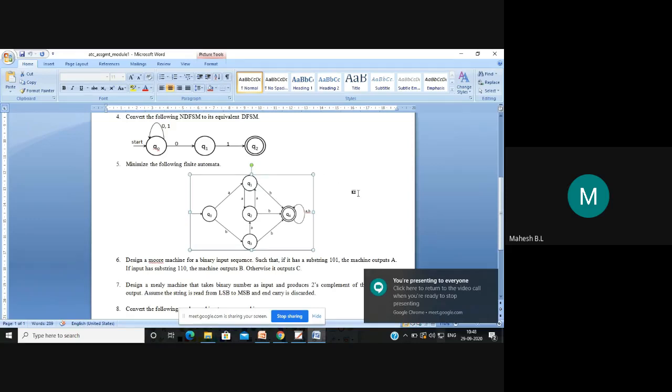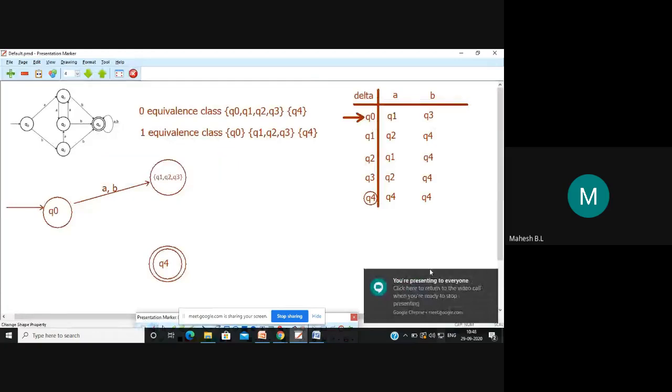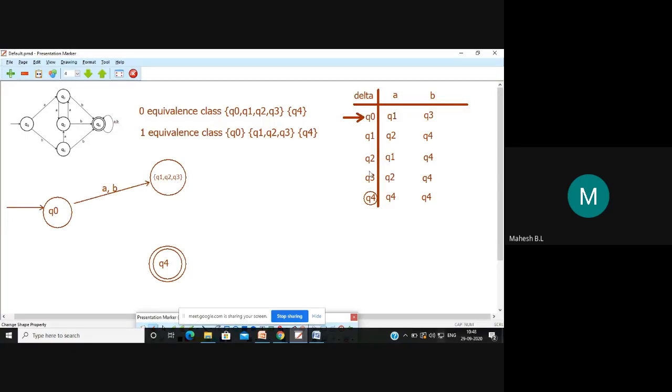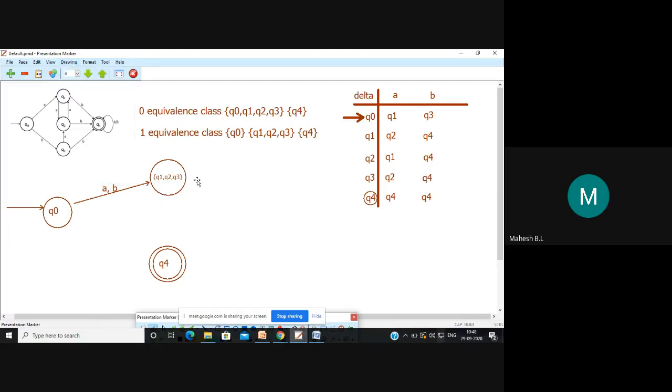Okay, so let's complete this. Q naught on AB is done. Now we need to consider Q1, Q2, Q3. So Q1, Q2, Q3 on A go to the same class, that is a self loop.